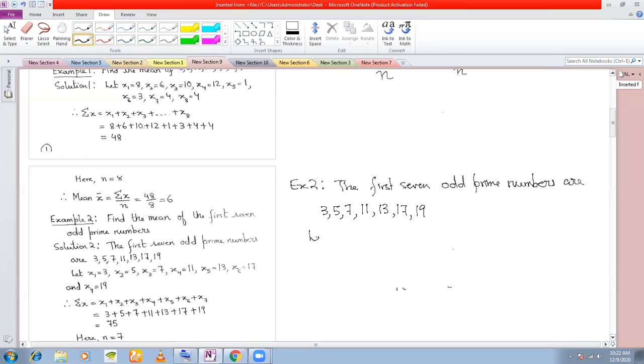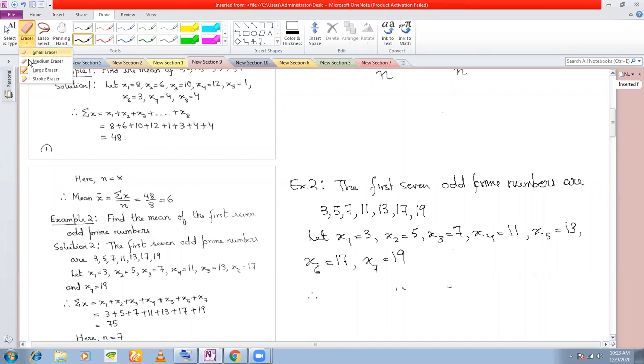Again, same way, we assume that x1 is equal to 3, x2 is equal to 5, x3 is equal to 7, x4 is equal to 11, x5 is equal to 13, x6 is equal to 17, and x7 is equal to 19. Therefore, what is summation x or sigma x?